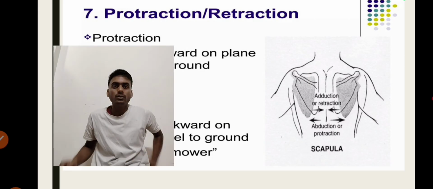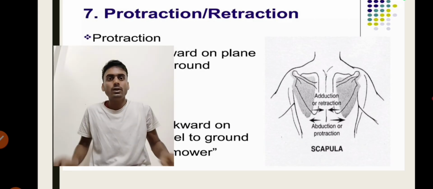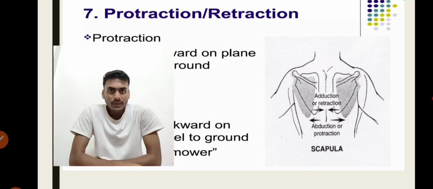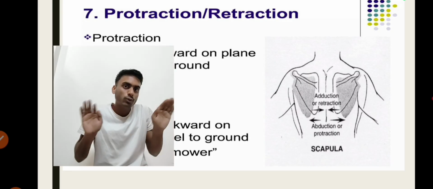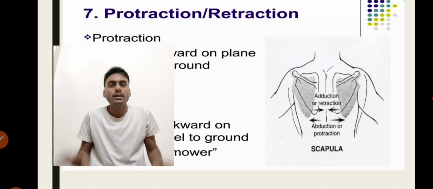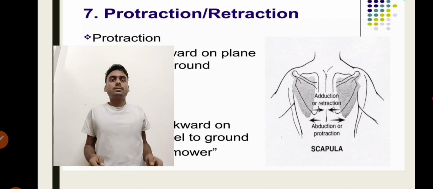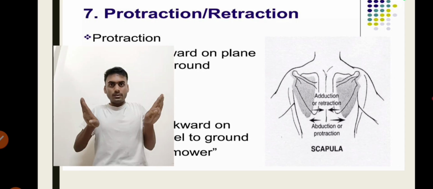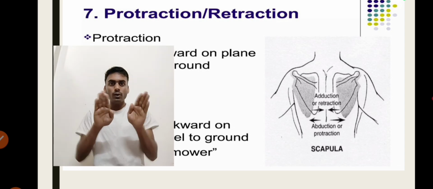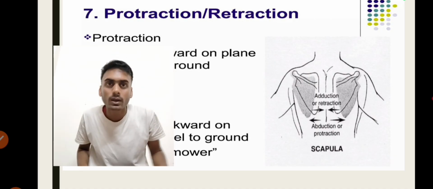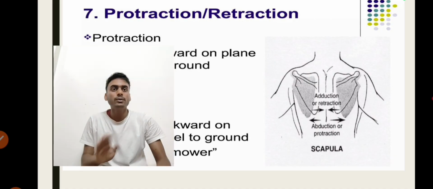If you bend like this, the scapula will expand like this, so this is protraction. But if you move like this, your scapulae will come nearby each other. This is called retraction. I hope you can easily understand.